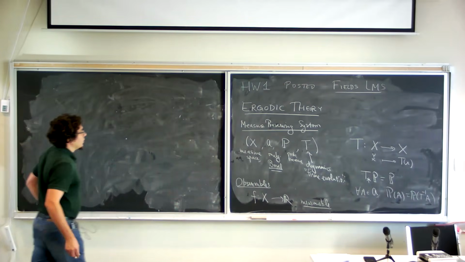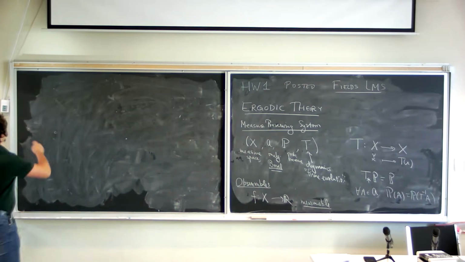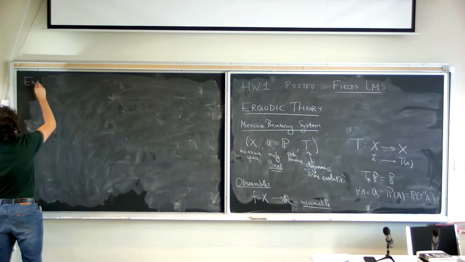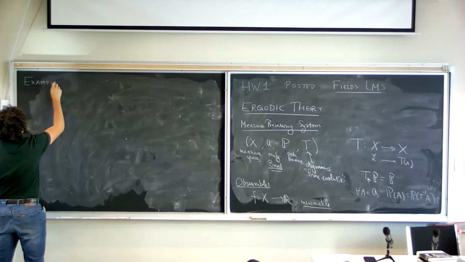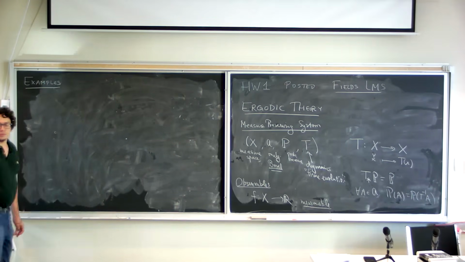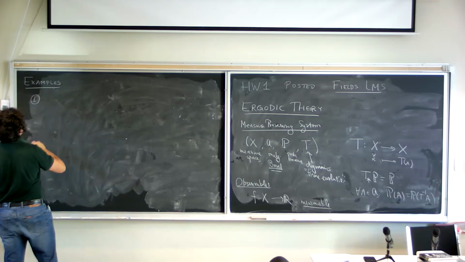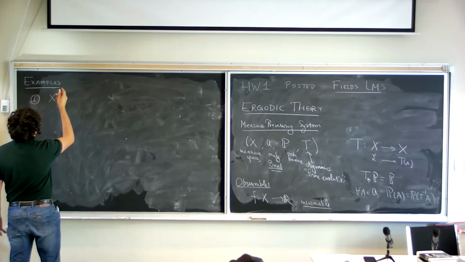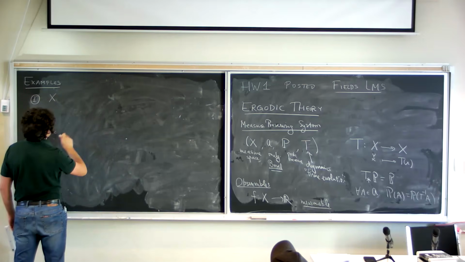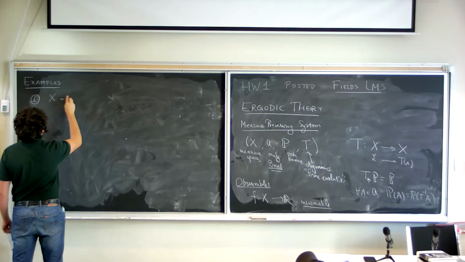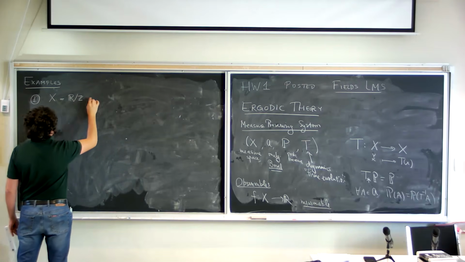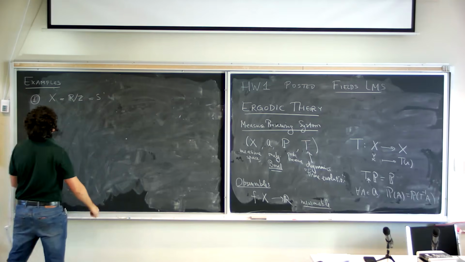Okay, very good. We didn't see examples, so I think it's useful to see some basic examples. The first example that people deal with in ergodic theory, even though not so closely related to the theory of random walks, is you take just S1, so R mod Z. This is, of course, S1.